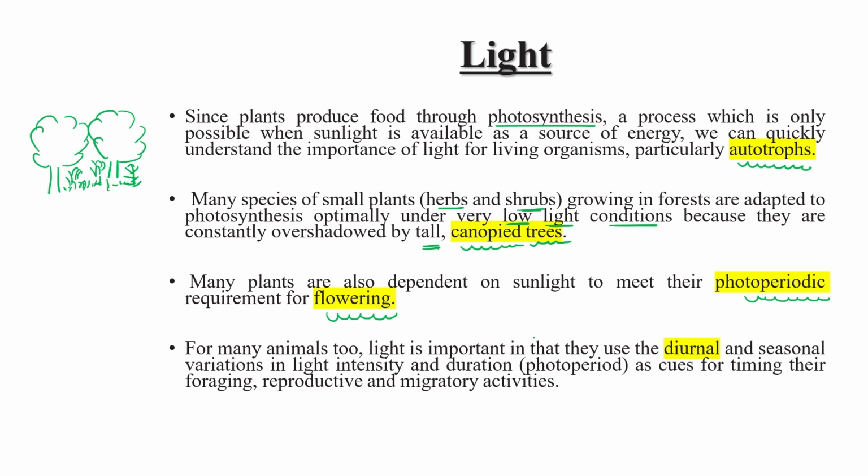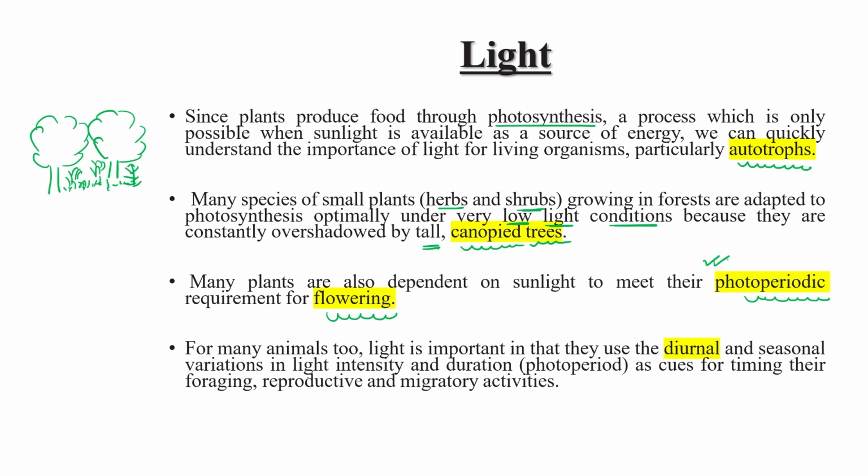Some plants are not able to produce flowers if sunlight is less than 8 hours, like the rose. This is one example. So we can say many plants depend on sunlight to meet their photoperiodic requirement for flowering.